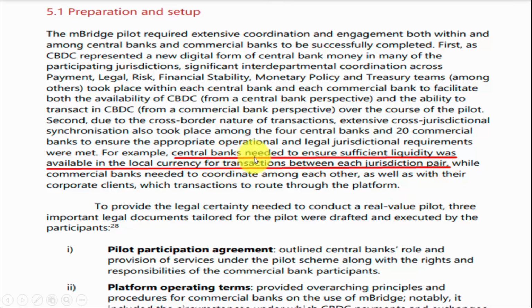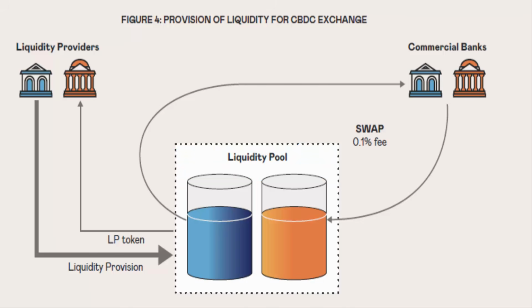The central banks needed to ensure that there was sufficient liquidity and that it was available in the local currency for transactions between each jurisdiction pair. So of course the central banks had to fund mBridge with liquidity.